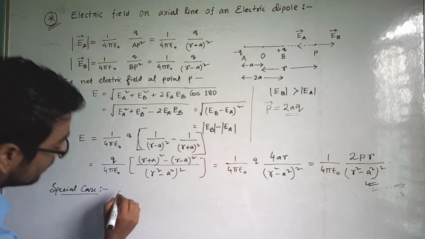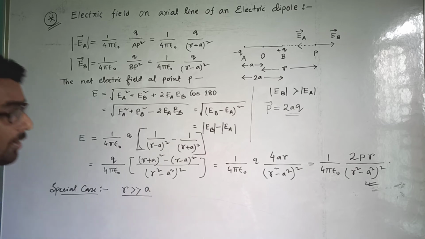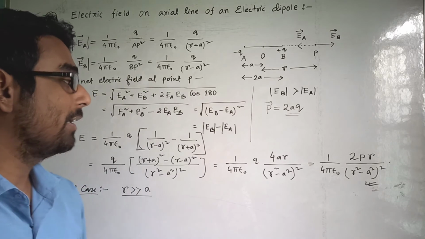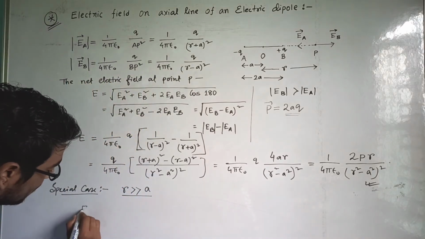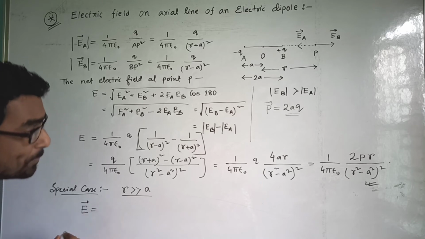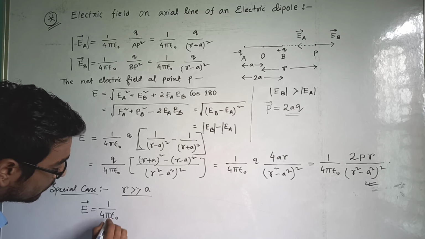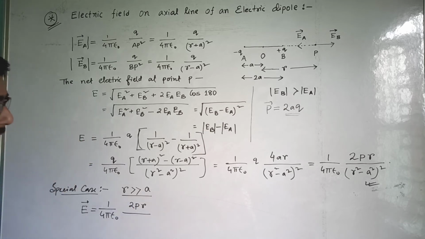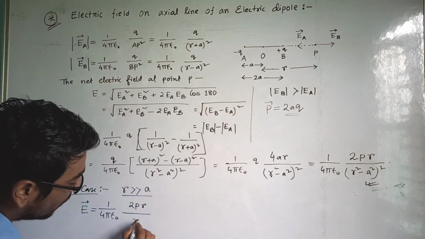In that case, R becomes much greater than A. So in the above expression, we can neglect the value of A. So what we get is E is equal to 1 by 4 pi epsilon naught 2PR divided by, if we directly neglect A, R to the power 4.